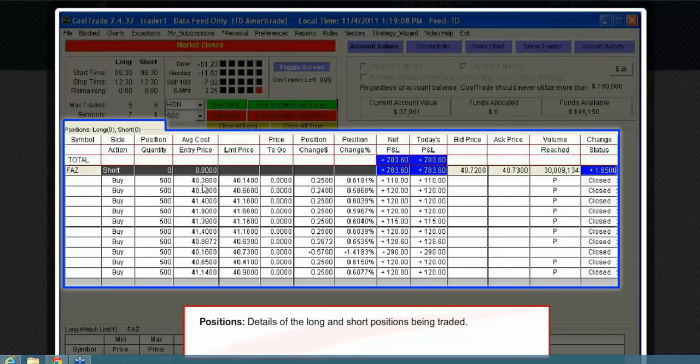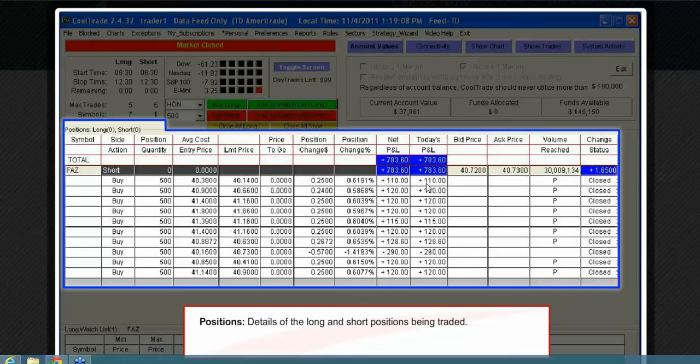So on this one, the entry price was $40.38, and the limit price, which was the goal, is $40.14. The price to go is the next column, which is 0 because it reached the goal. And then the position change was 25 cents. The position change percent is calculated here, and then the next column tells you how much money you made. On this particular line, it made $110.